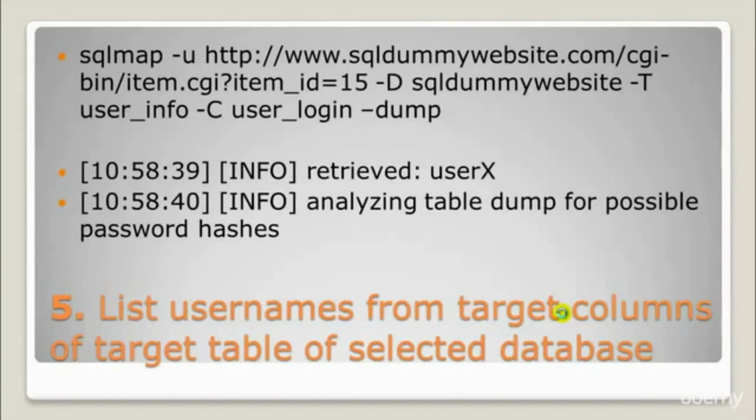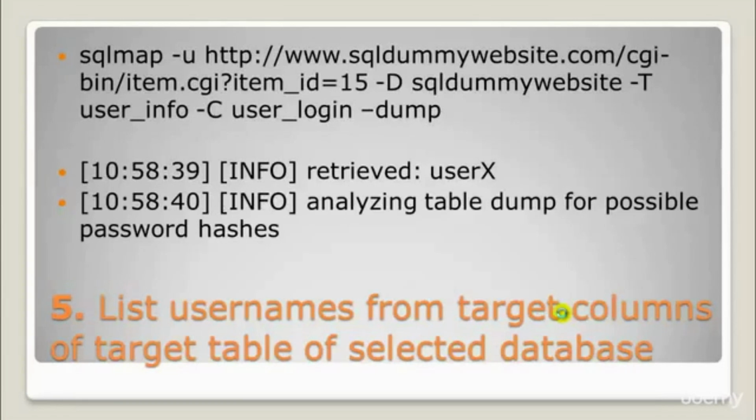The next step is to list usernames from the target columns of the target table of the selected database using sqlmap injection. Sqlmap makes this easy. To do that, we need to run this specific command: sqlmap -u and so on -D sqldummywebsite -T user_info -C user_login --dump.